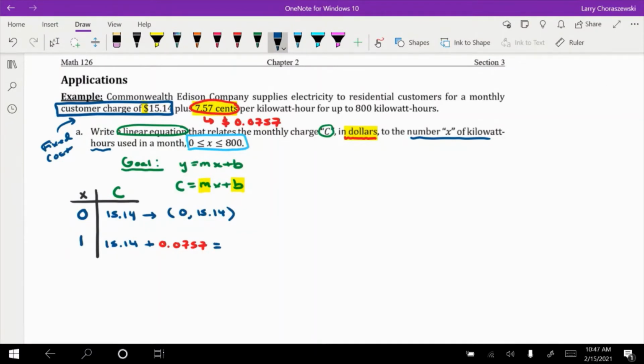If you add these two together and don't round, you get 15.2157. And this would give us a second point on the line with an x coordinate of 1, and that is its y coordinate. With these 2 points on the line, we can calculate the line slope.